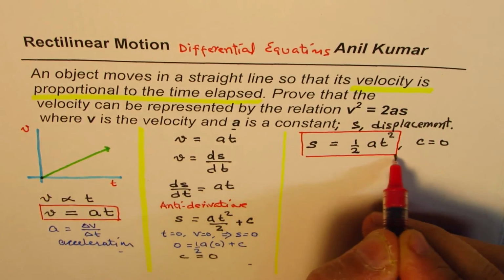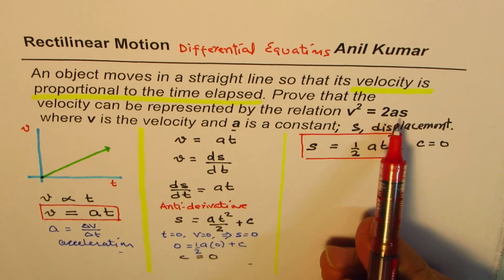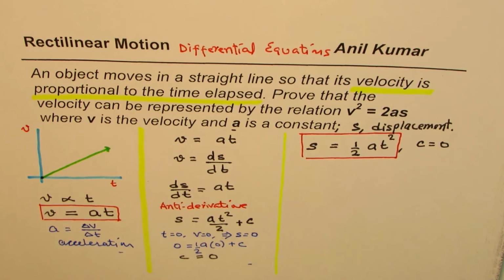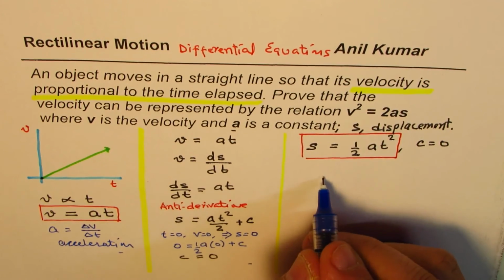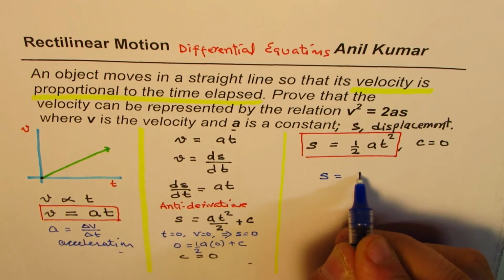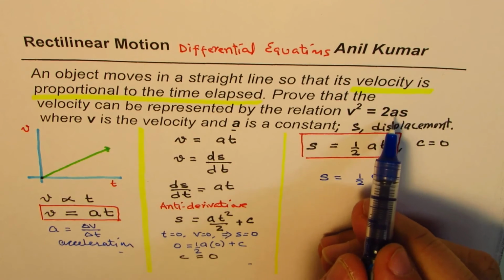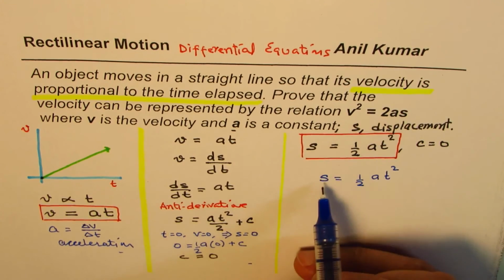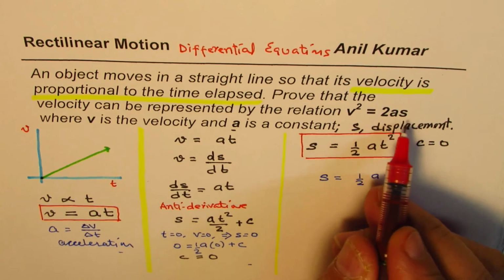So that is it. But what we need to get is v squared equals 2as. How do we get to that place? Okay, let's look into this equation once again. We have this equation as s equals half a t squared. We need 2 times as on one side. So let me multiply both sides by 2a, right?